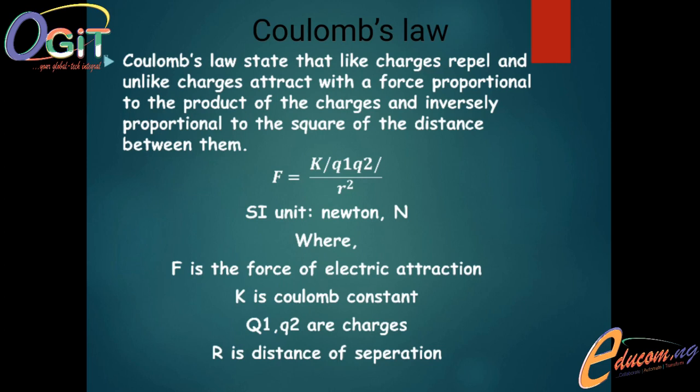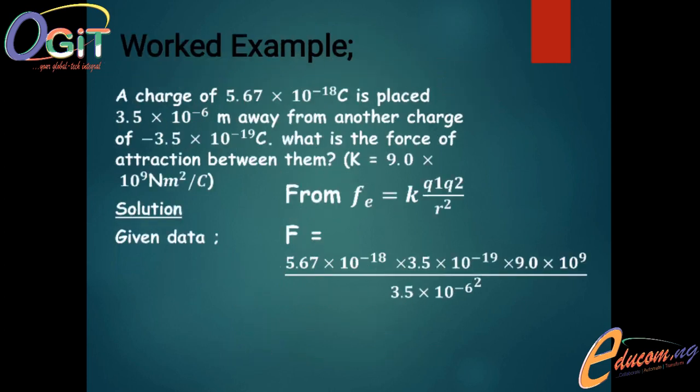K is the Coulomb constant. Q1 and Q2 are the charges, either positive or negative, and r is the distance of separation or distance apart between the two charges.